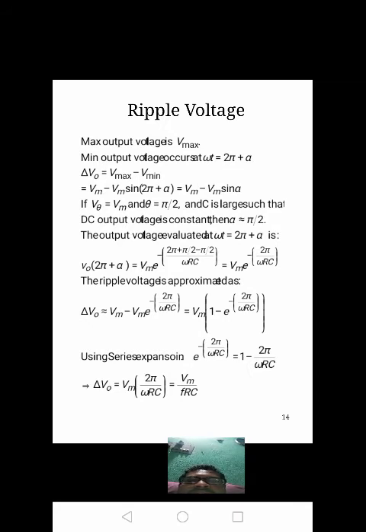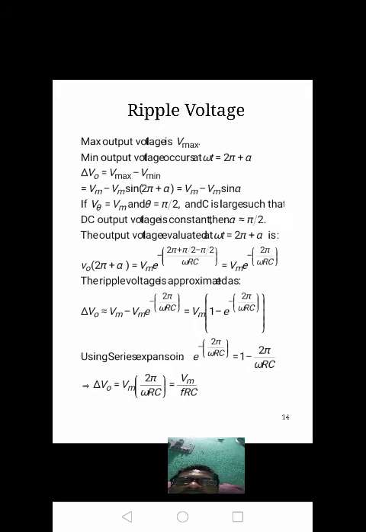The ripple voltage is approximated as delta V naught equal to Vm minus, why? Because Vmax is maximally Vm, and at alpha equal to pi by 2 we get V theta equal to Vm only.